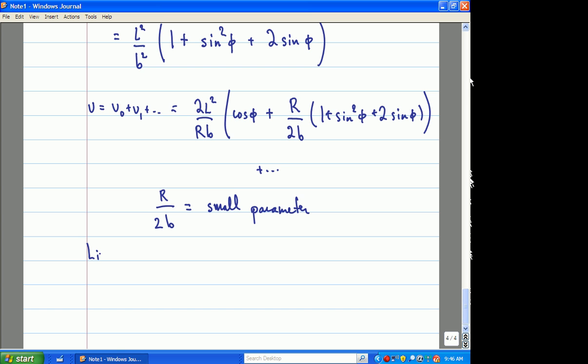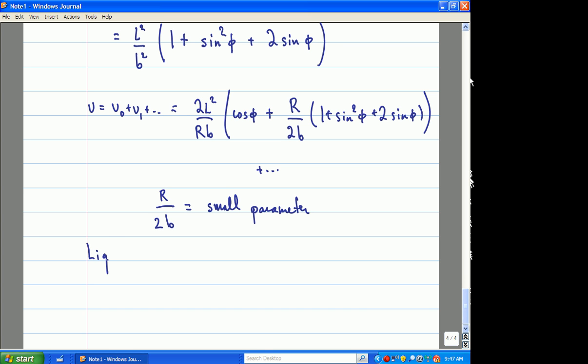At large values of the radius, light still has to travel on approximately a straight line. So you know that at large values of radius, this will look like a straight line. But at values of the radius which are not very large, it will not look like a straight line.